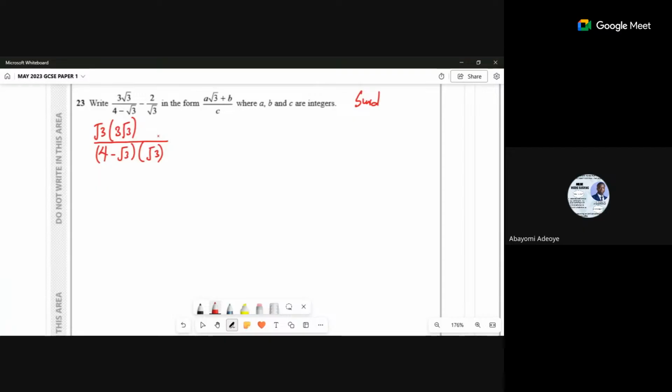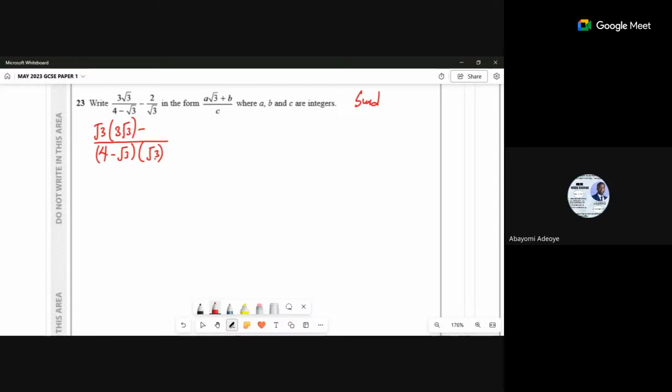Minus what of this? If I divide this from the LCM, what do I have now? What's the LCM? 4 root 3.